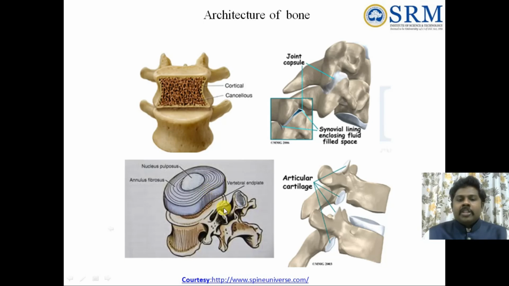If it is at the top with respect to this, we will call it the superior vertebral plate. If with respect to that vertebra it is at the bottom, we will call it the inferior vertebral plate. This is what is shown here: the vertebral end plates, and in between the two vertebrae, that component is called the intervertebral disc.